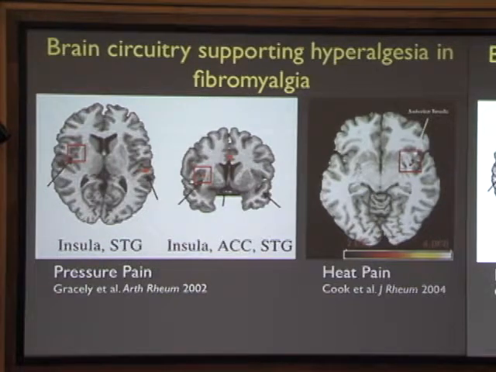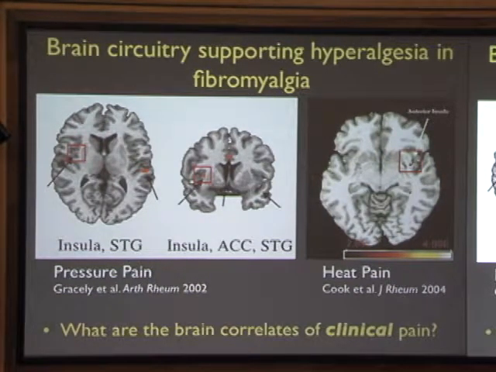So this is not their endogenous clinical pain. This is an experimental pain that's being induced on these patients. And these are the regions of the brain that are hyperactivating to that pain. So both in pressure pain and in heat pain, multiple studies have shown this phenomenon of hyperactivation in areas such as the insula.